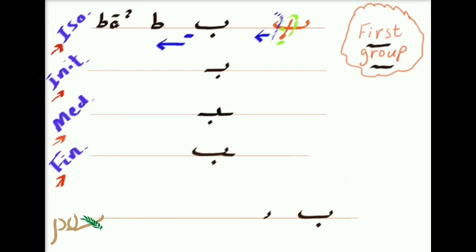To get the initial form, we should remove the end part of the boat. In this way we can connect it. The medial form exactly looks like the initial form. The only difference lies in this dash from the right. And the final form seems exactly like the isolated form, the only difference lies in this dash from the right.